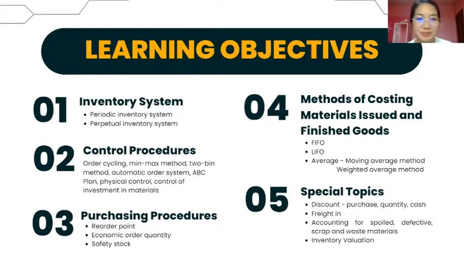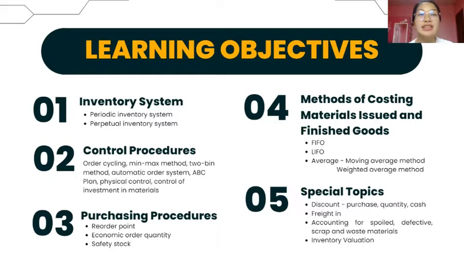Now, for this chapter, we will be discussing five control procedures: order cycling, min-max method, two-bin method, automatic order system, ABC plan, physical count, and also the control of investment in materials.